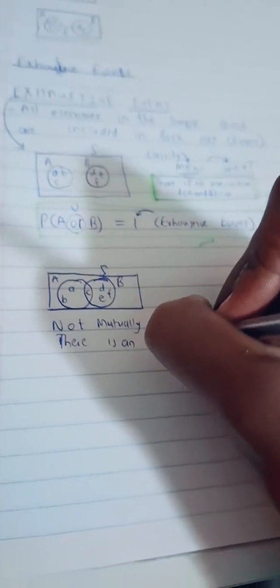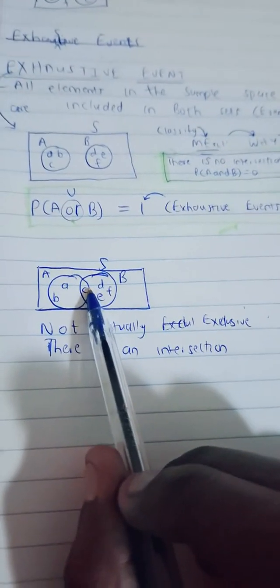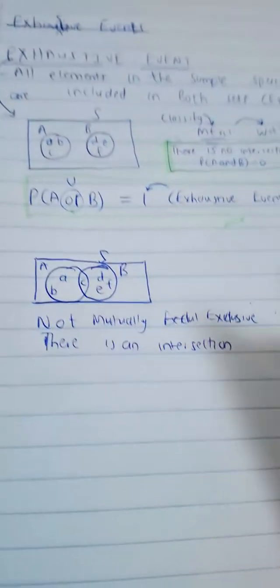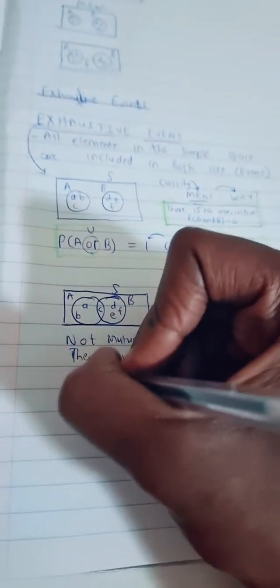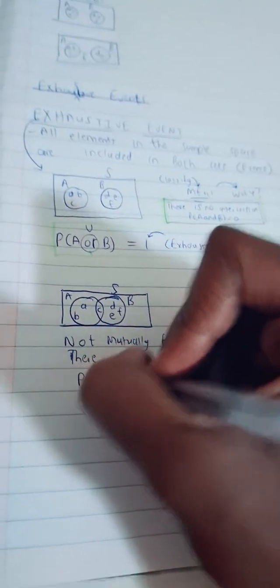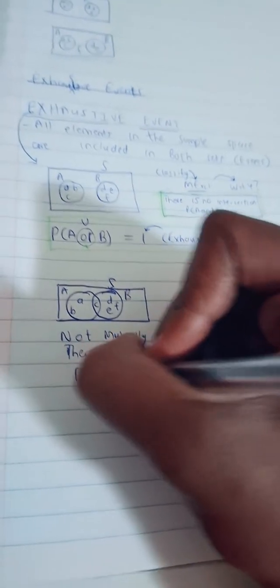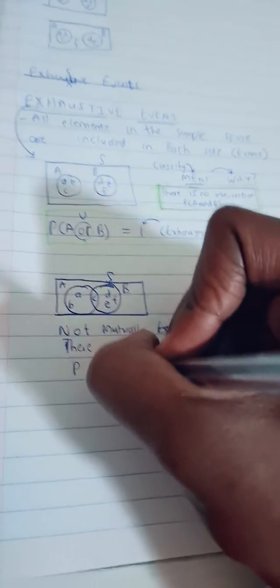I love that. There is an intersection. There's actually an element there that makes it such that we have this intersection. So we would then say, give it power, the probability of A and B cannot be zero.